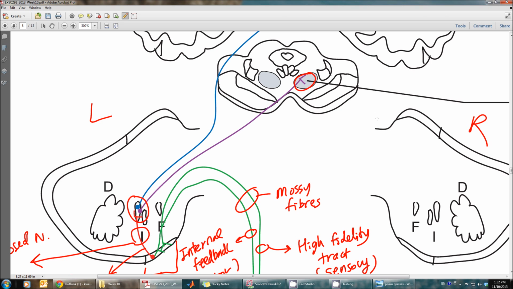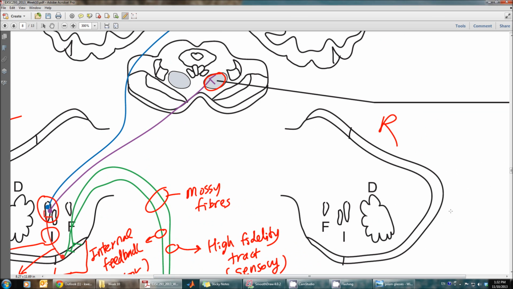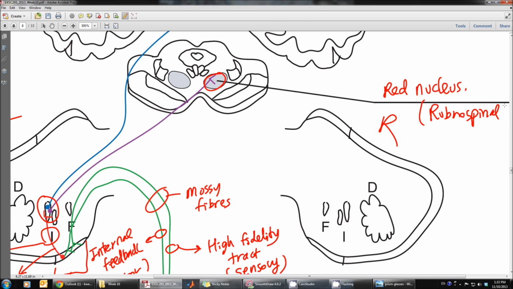This is our red nucleus in the midbrain. And that's our upper motor neuron, the lateral upper motor neuron, the start of the rubrospinal tract, which is our lateral upper motor neuron.